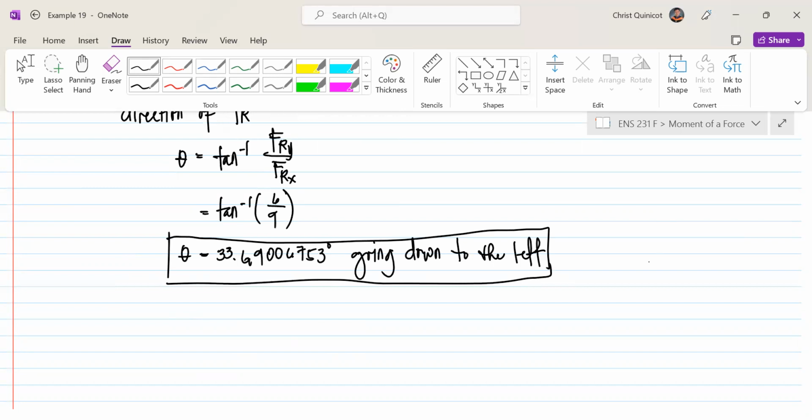So it means that the line of action of our resultant force follows this path, and this is our theta.